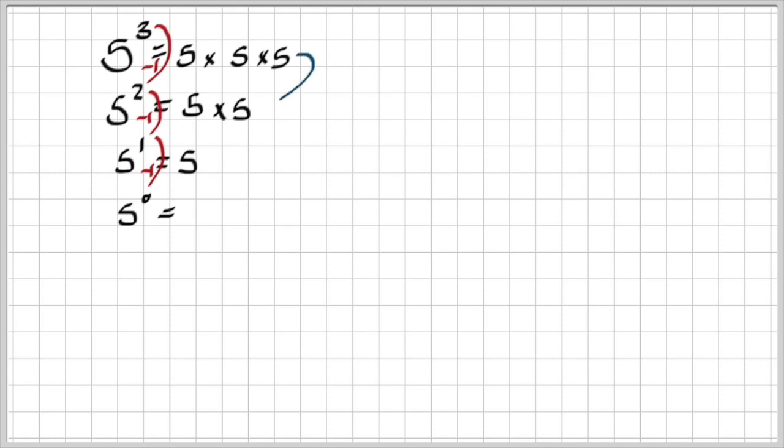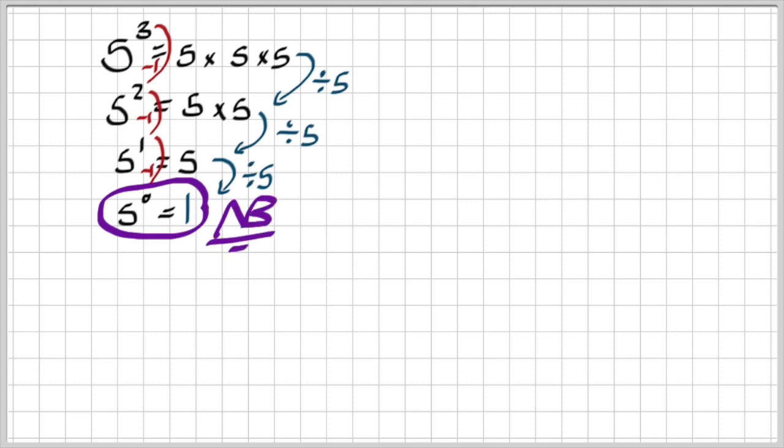What's actually happening is we are dividing by 5 every time on the right-hand side. If I divide 5 times 5 by a 5, I'm left with a 5. So what's going to happen if I divide again by a 5? I get 1.